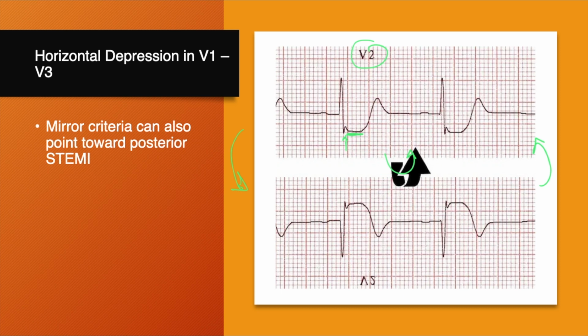And when you do that, if it looks like the classic ST elevation, that is called the mirror criteria, and that's a quick down and dirty way of pointing you in the direction of a posterior MI. But remember, you're going to be seeing this depression in the precordial leads, specifically V1 through V3.